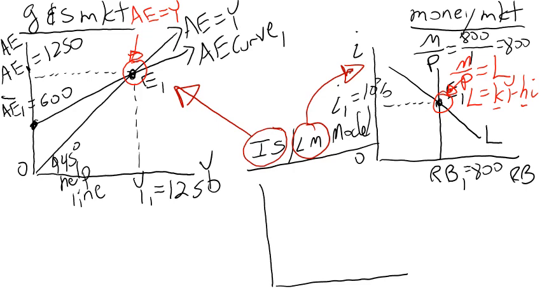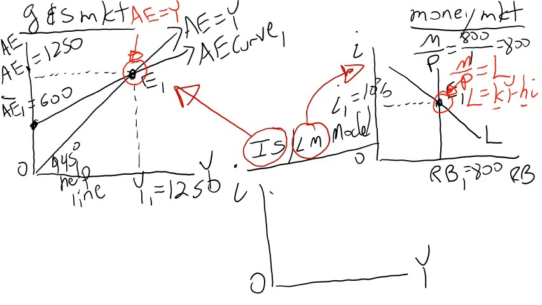All right, back to black. On the y-axis, we have the interest rate. On the x-axis, we have GDP. Y comes from the goods and services market, and I comes from the money market.